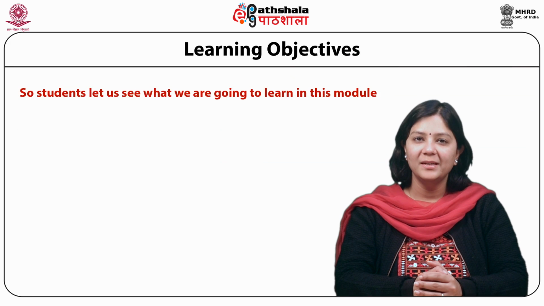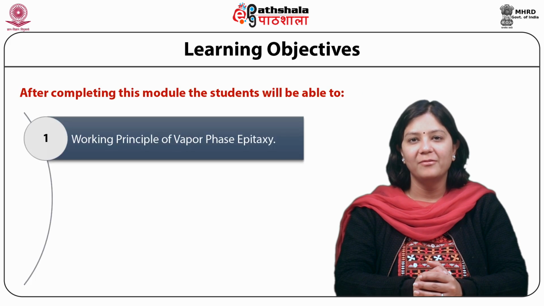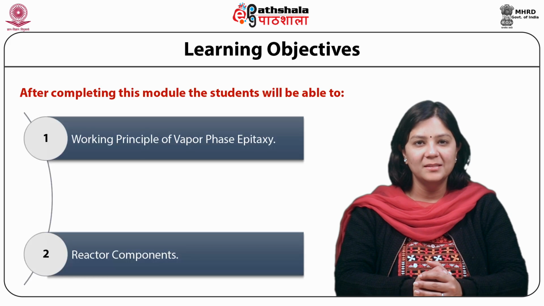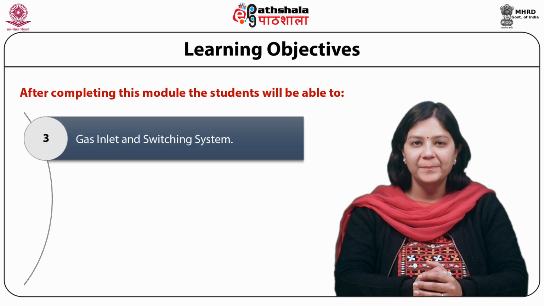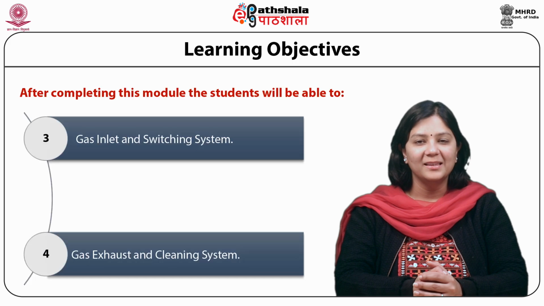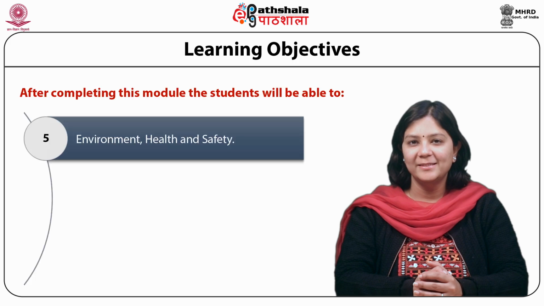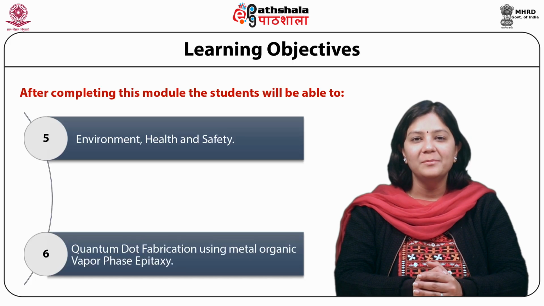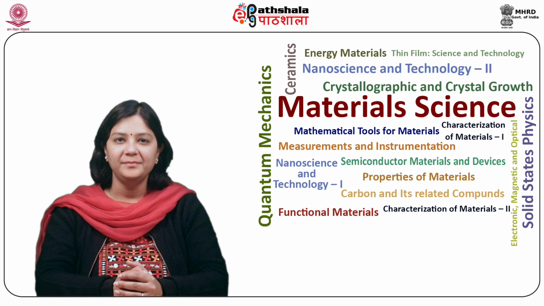After completing this module, the students will be able to understand the working principle of vapor phase epitaxy, its reactor components, gas inlet and switching systems in VPE, gas exhaust and cleaning system, environment, health and safety issues of vapor phase epitaxy, and the quantum dot fabrication using vapor phase epitaxy.